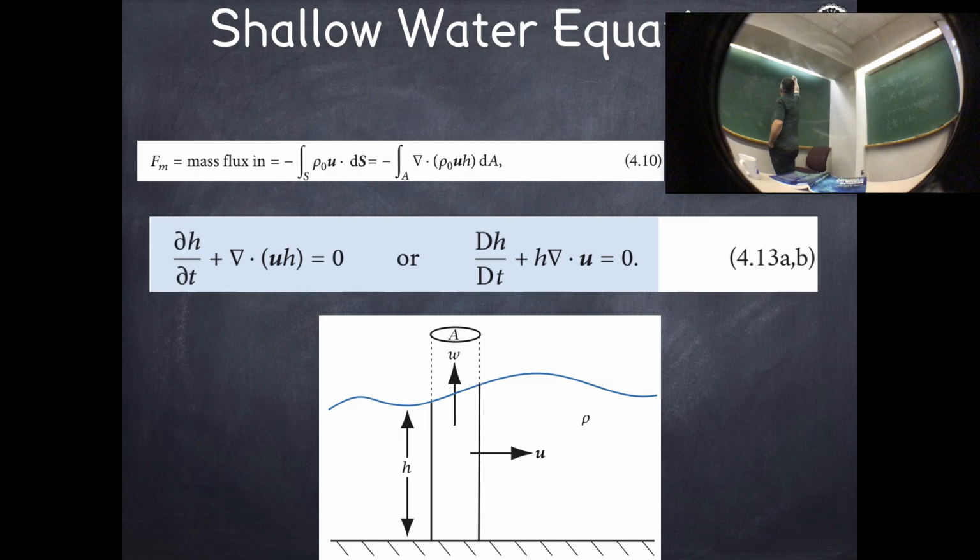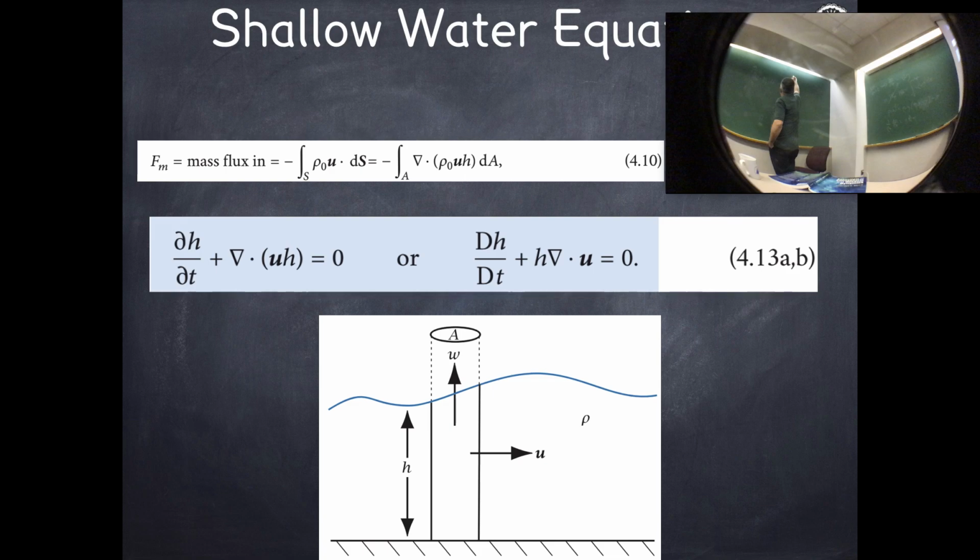But if the surface goes up and down, oops, sorry. What's this? This is a perfect derivative in z, integrated in z. So it's just minus w evaluated at eta minus w evaluated at z. So if the bottom was flat, and we went all the way to the bottom, this would be 0.